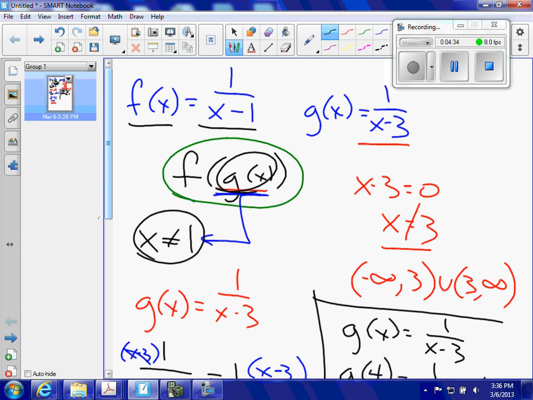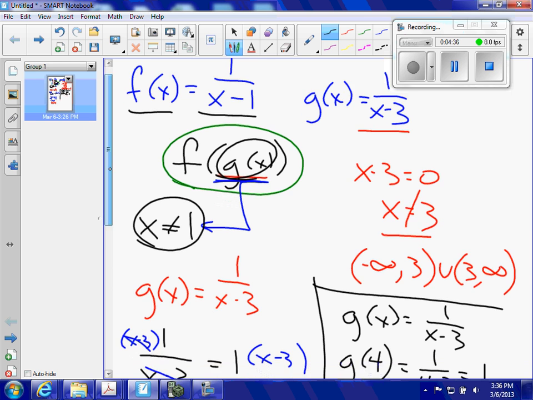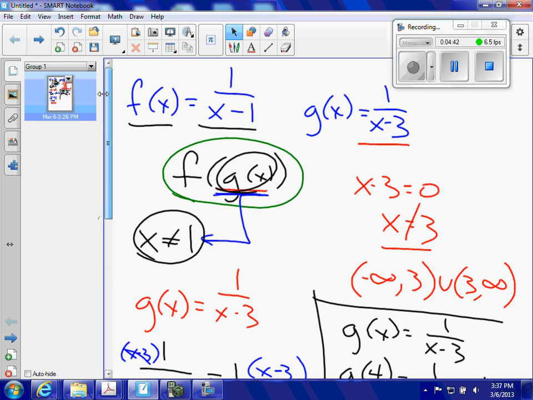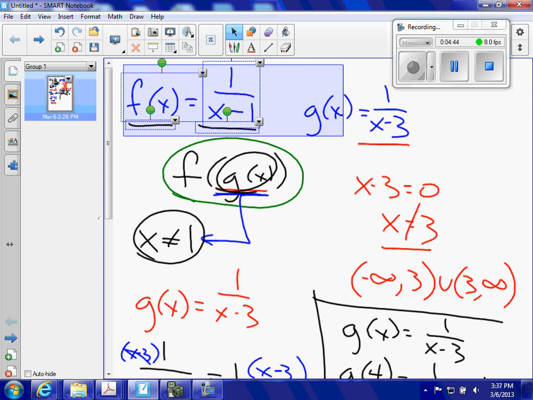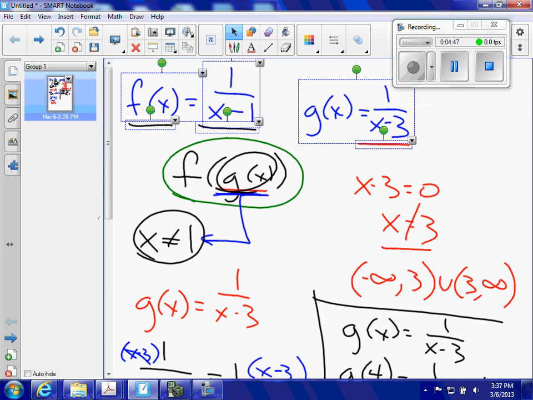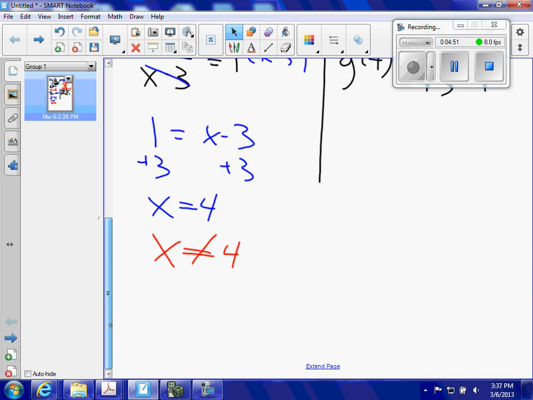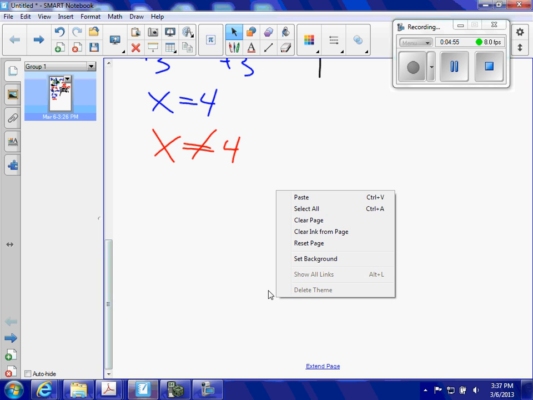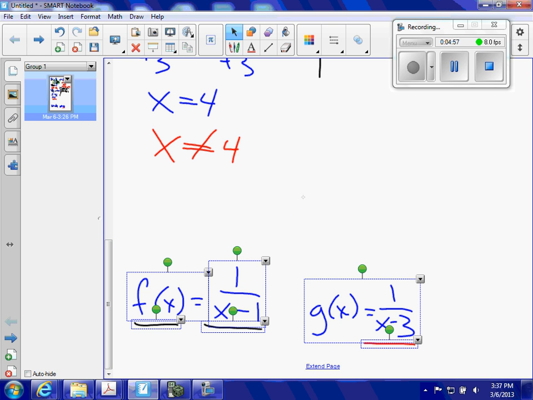Let's just rewrite these functions here. Sorry for taking your time on this, but let's do it. I'll copy this, go down here, extend the page, and paste it.